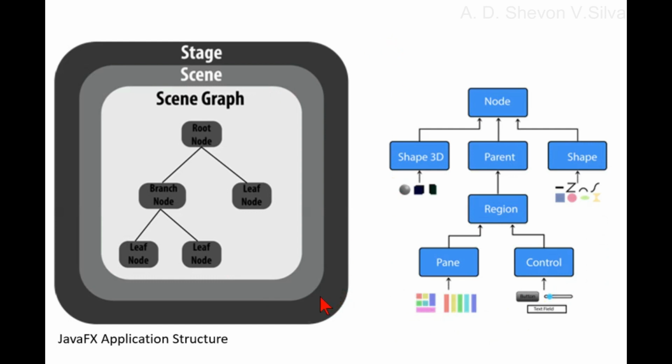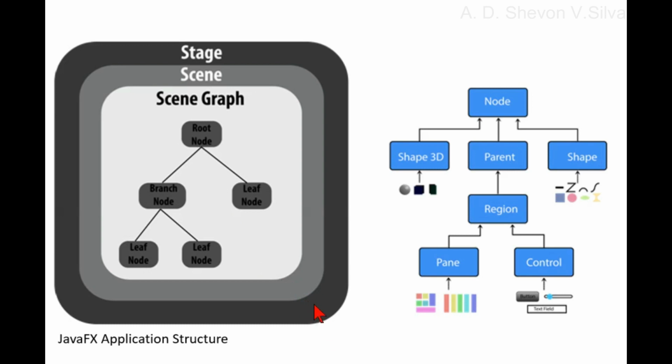A scene actually holds all the physical contents, the nodes, of the JavaFX application. The Scene class provides all the methods to deal with the scene object. Creating a scene is necessary in order to visualize the content of the stage.